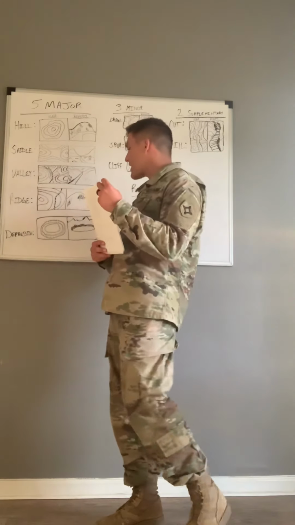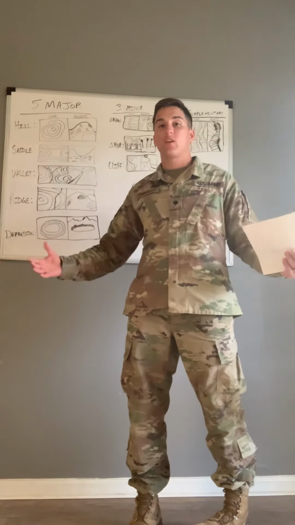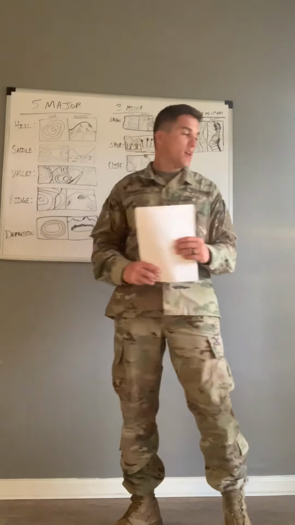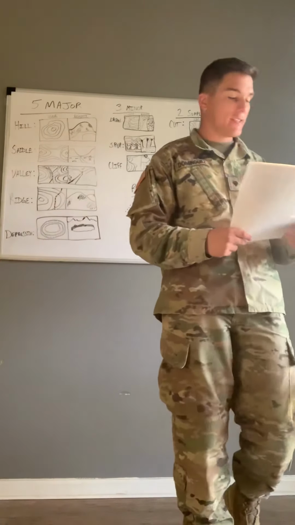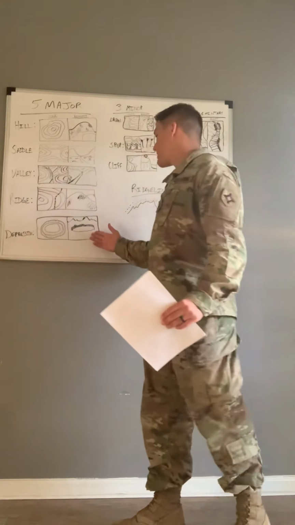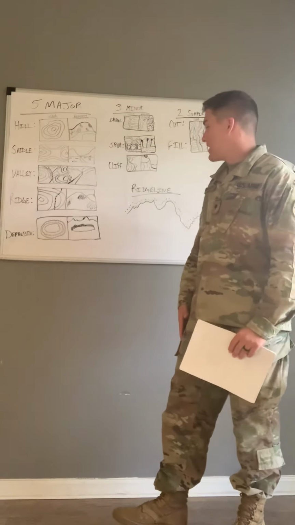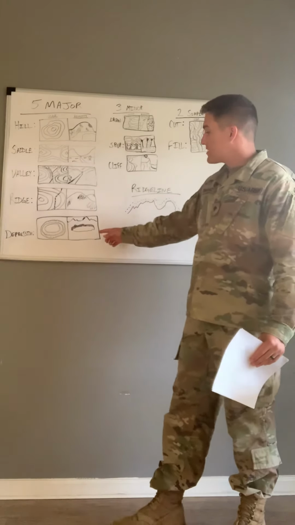All right, next we have a depression, and simply put, a depression is literally a hole. A sinkhole is also a depression. So what a depression is going to look like in real life, it's going to look like a hole. I don't know how else to put it, but yeah, so this is what it will look like.